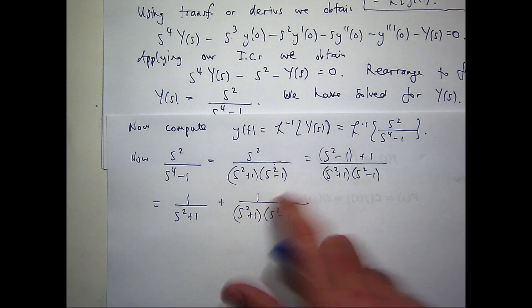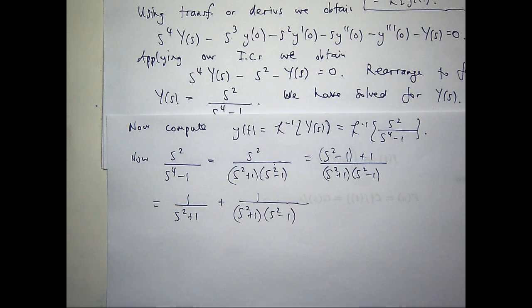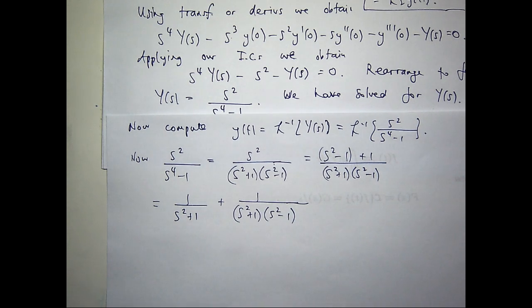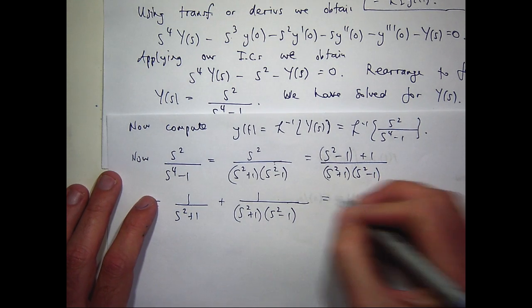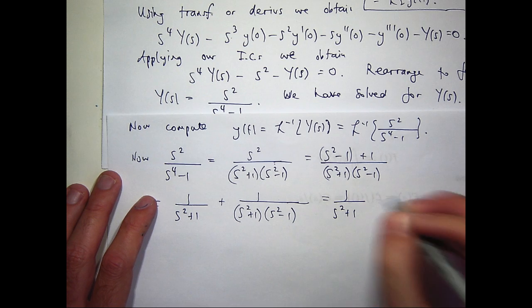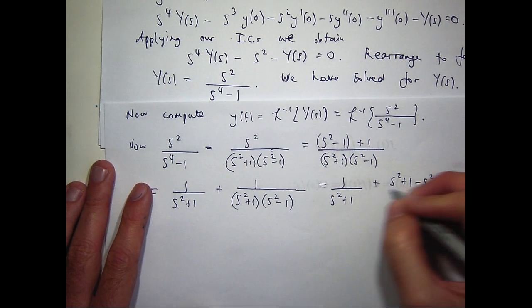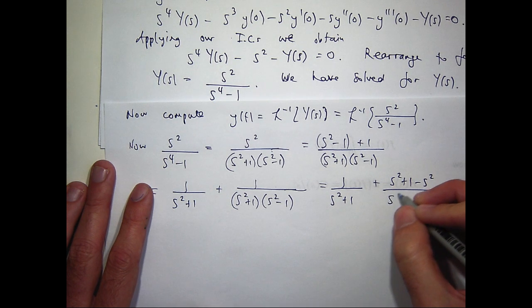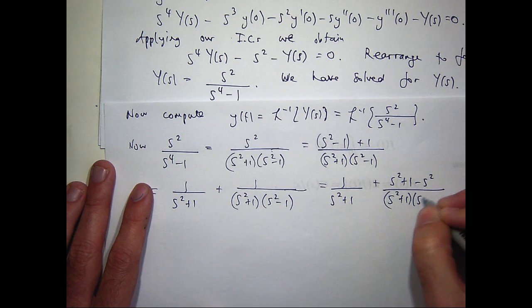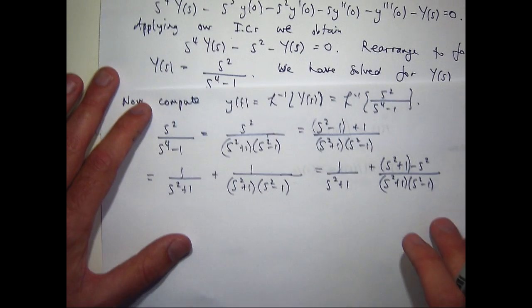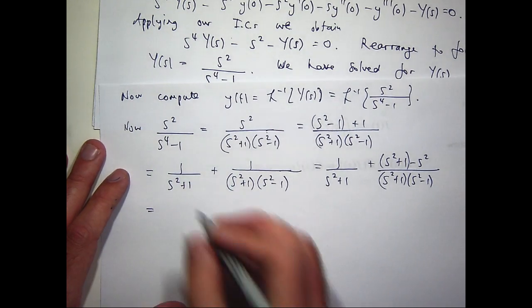Well, why don't I just have another go? Maybe I can add s squared in there and take s squared away. That'll give me an s squared plus 1, and I see an s squared plus 1 down there. Maybe that'll simplify. So if I bracket it like that, I come up with the following.